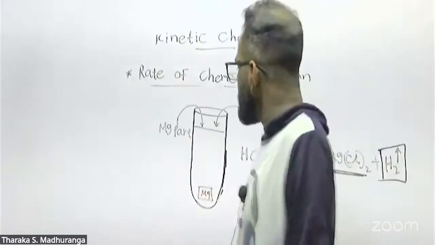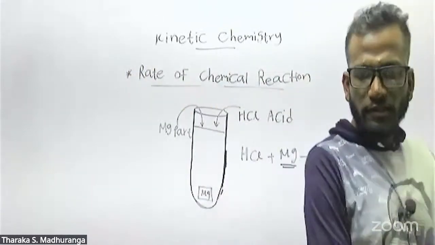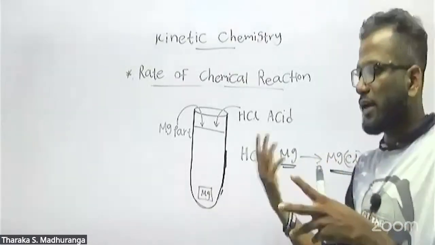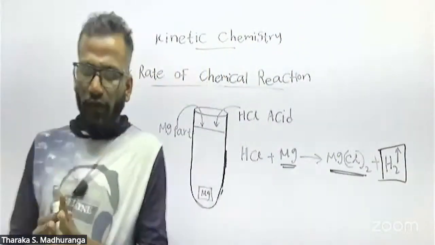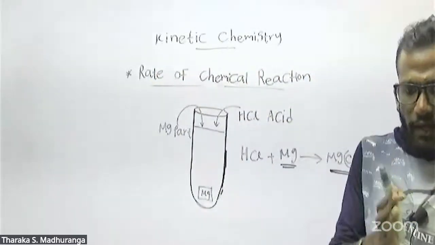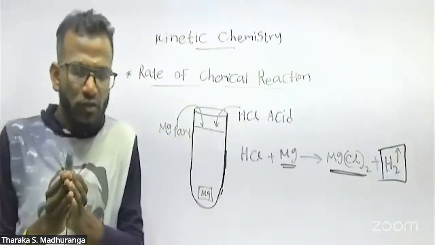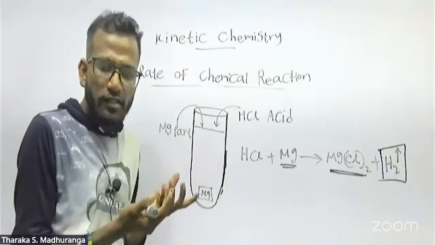Okay, then you can see, when any reaction is happening in any container, that means reactant is converting to product, we can see some observations, no? We can see some color changes.